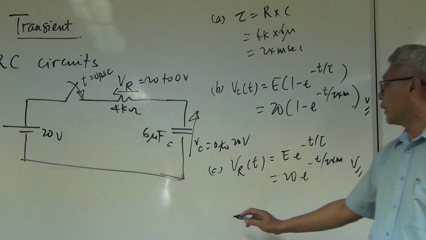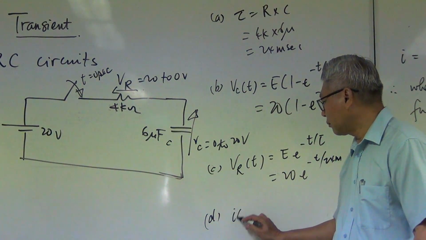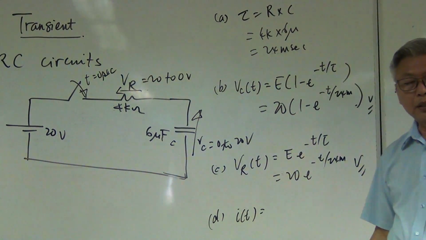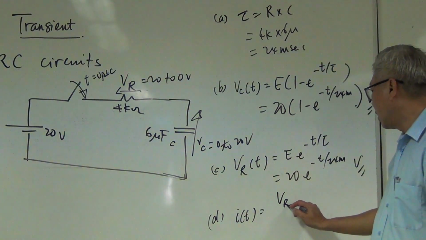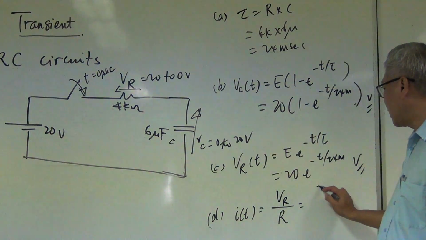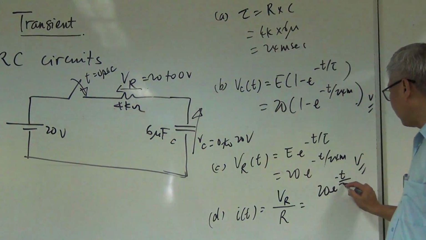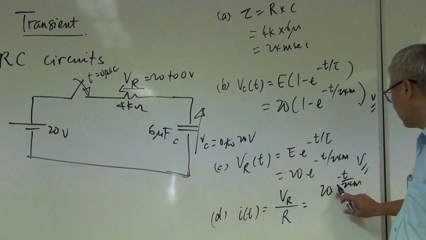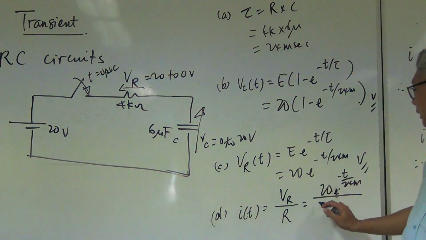Then I say, give me an expression for the current. Current is equal to the voltage across the resistor divided by the resistor, so it's 20 e to the minus t over 24 milliseconds, divided by my resistance.